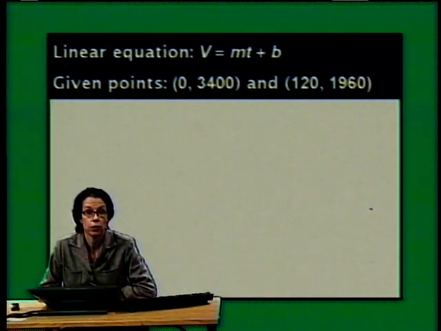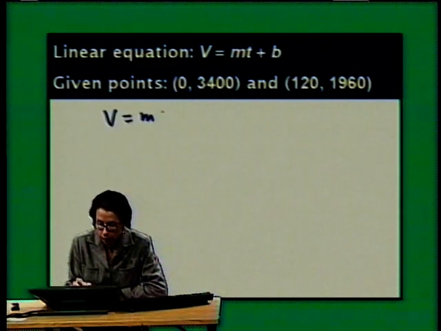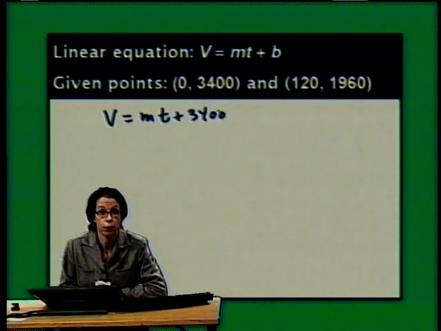So here I have the basic information I'm going to need. My linear equation is going to be of the form v equals mt plus b, and I have 2 points. I know the value of b is 3,400 because (0, 3,400) was the vertical intercept. All I have to do is calculate m.